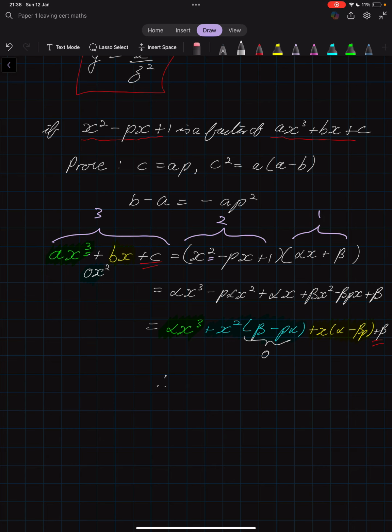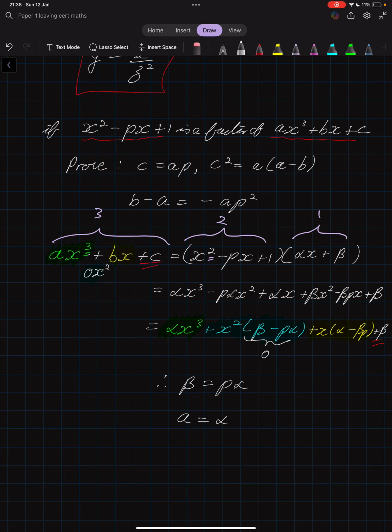From the green equation, we get that ax cubed equals alpha x cubed, which means that a equals alpha. And from the constant, we get that c must equal beta, and therefore beta equals c.